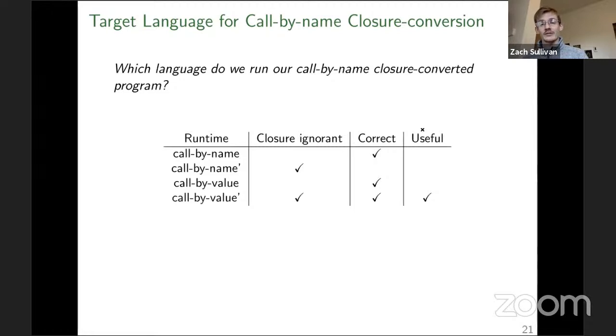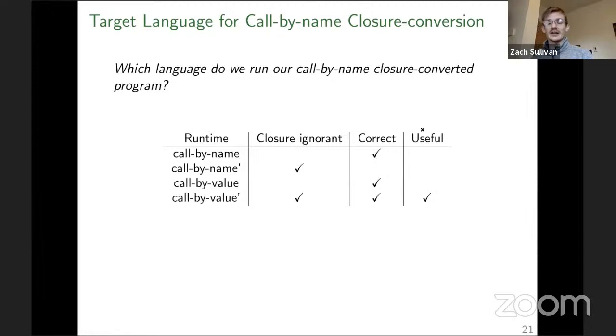And closure conversion in that case is correct, but it's not useful for compilation where we're trying to reduce the need or eliminate the need of having closures in our runtime. The call by name prime language, in which I described just forgetting about the closures of non-strict data, doesn't use closures, but it's not correct.